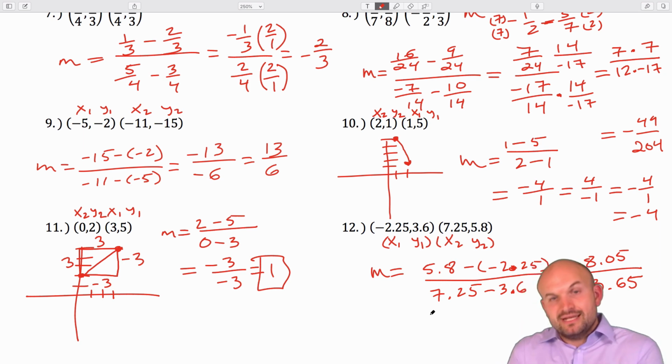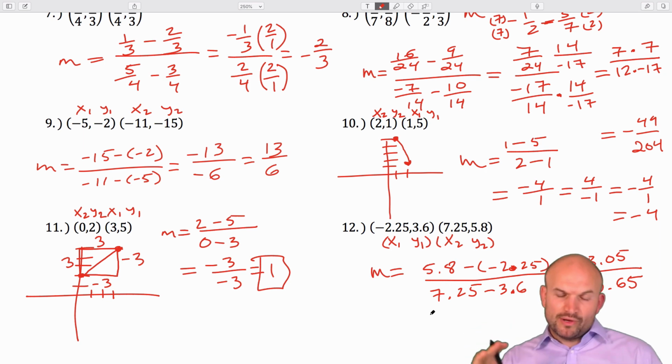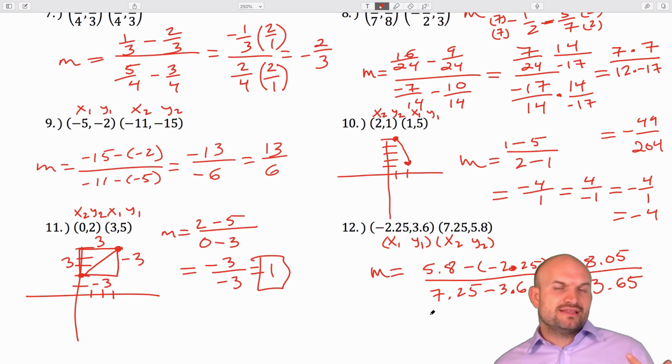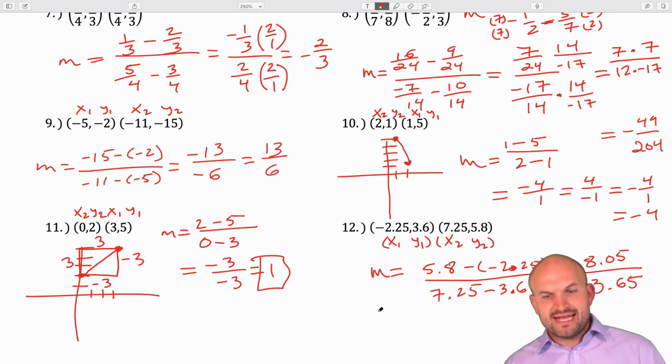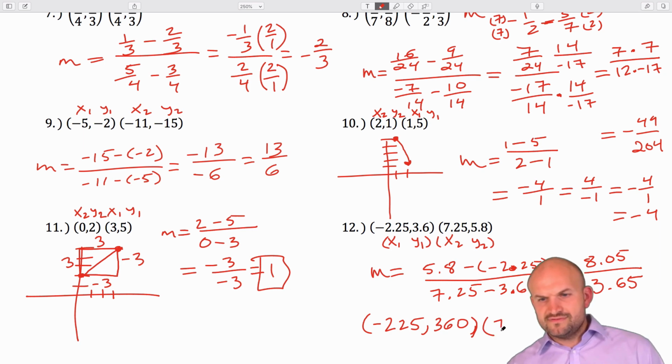It's a comparison of how high it is between 2 points as well as how far over it is. So the slope is not going to change if you multiply this by 100. If you multiply by 100, then basically you're moving the decimal point over 2 places. So you have negative 225, comma 360, and over here you'd have 725 and 580.